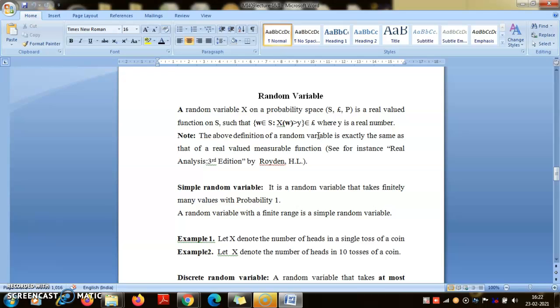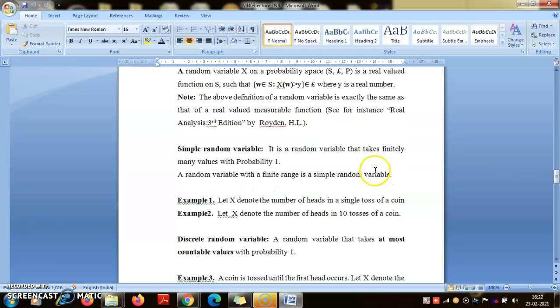Here of course you have an extra property, probability of S is 1, but nevertheless it is a measure. So on a measure space you can define the concept of a real valued measurable function. That is a starting point in measure theory, so you can look at Real Analysis, third edition, by Royden. The concept is one and the same. So basically a random variable is a measurable function on a probability space.